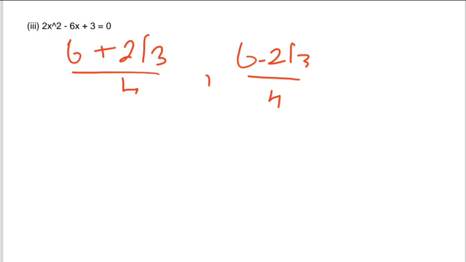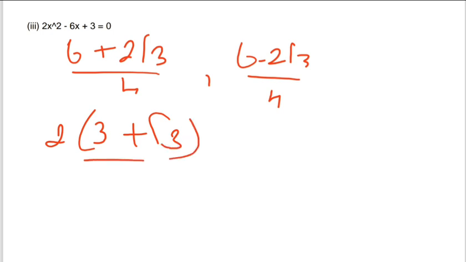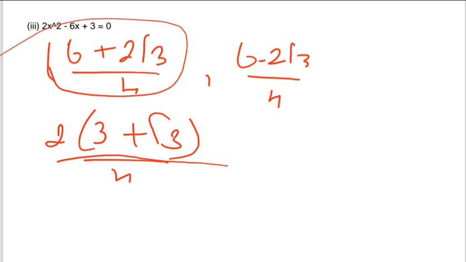So this we got. Now let's simplify further by taking 2 as common. In the upper case we can take 2 as common, like 6 plus 2 root 3. If we take 2 as common, we'll be getting 2 into 3 plus root 3 by 4. If you multiply inside, we'll be getting this one.